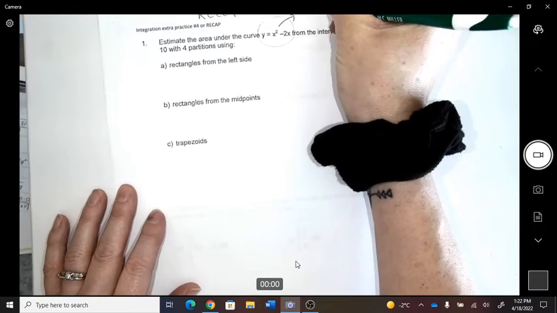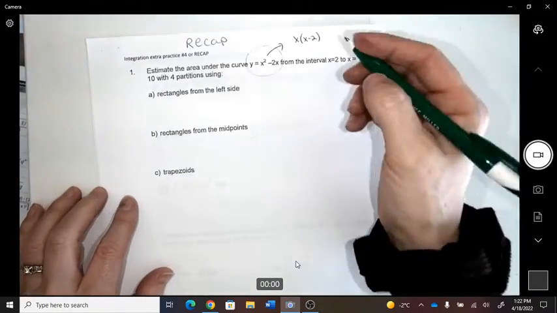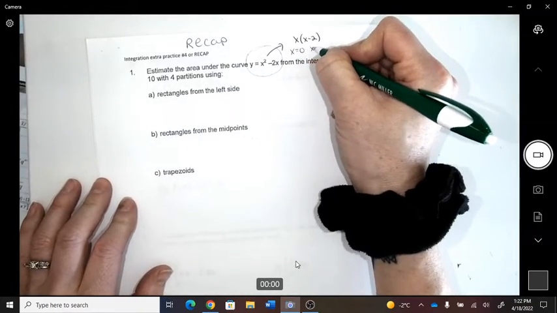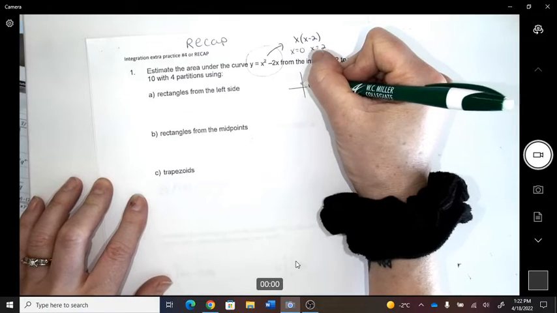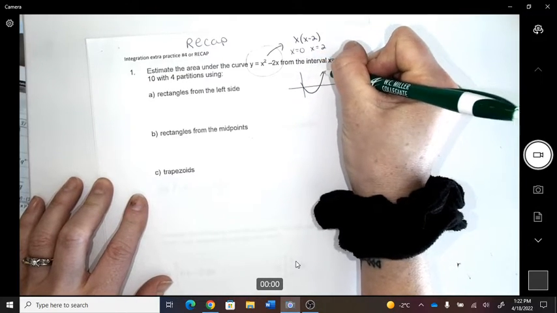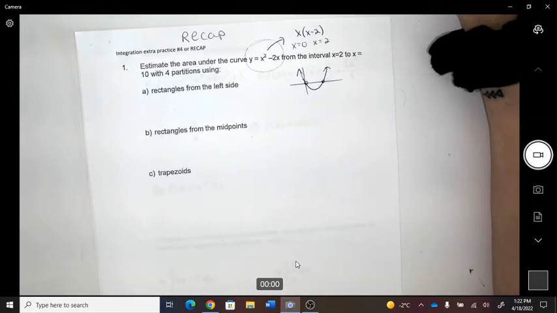If I GCF, what do I know about the x-intercepts? 0 and 2. Okay, that's a general understanding. Okay, so that will help.